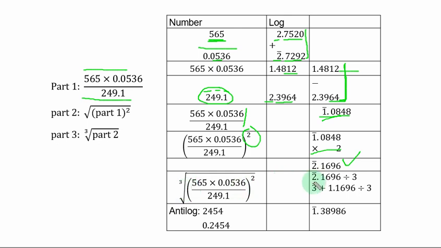So cube root means you divide the result from part 2 by 3. Now, you cannot divide part 2 by 3 easily. Here, we try to ensure that when we divide, our answer is a whole number, not decimal. So, you transform bar 2 to bar 3 plus 1, so that 3 can divide by 3.